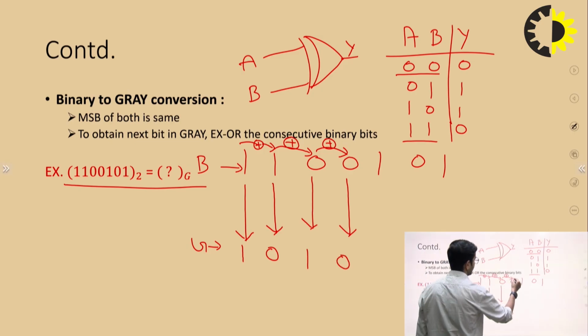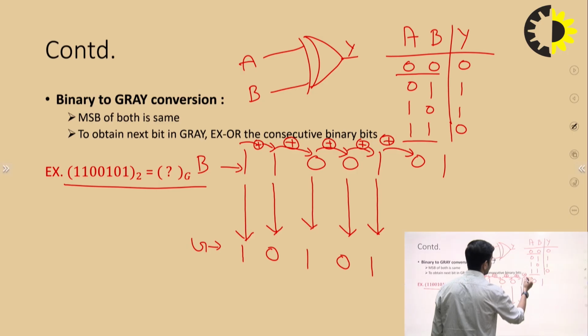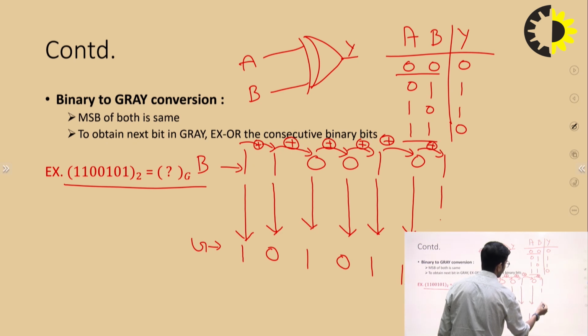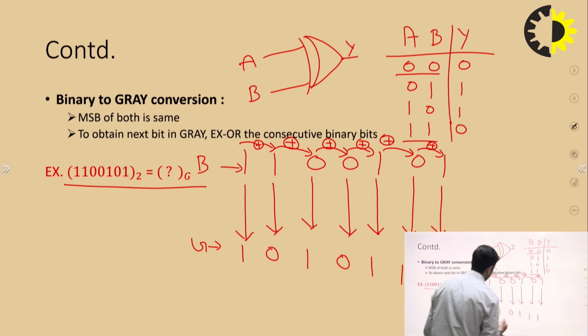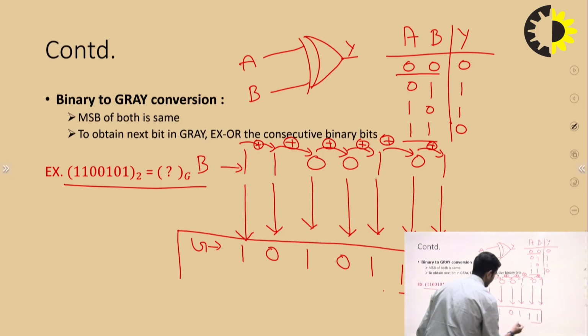Again 0 XOR 1, these are different, so it will be 1. 1 XOR 0, different bits, it will give 1. 0 XOR 1, again different bits, it will give 1. So this is our gray code of the given binary number.